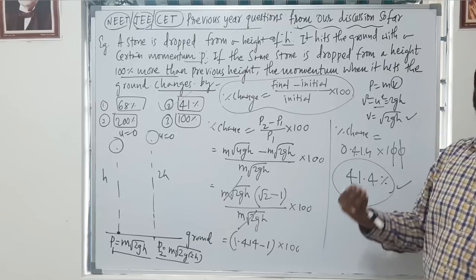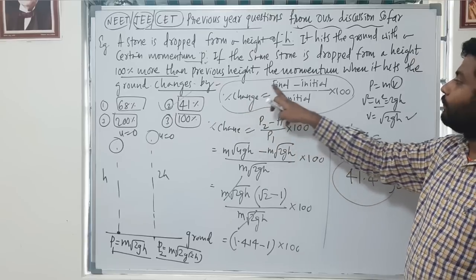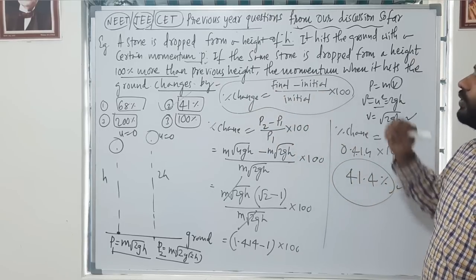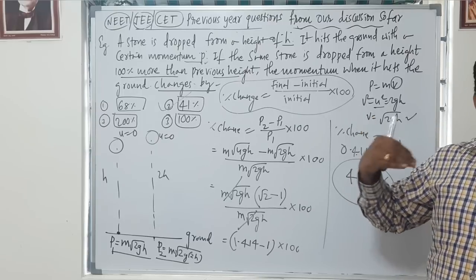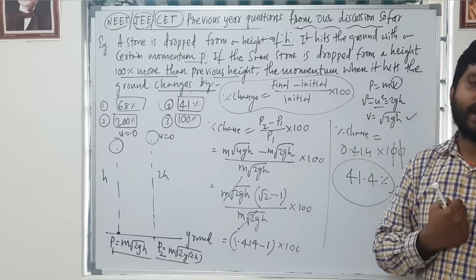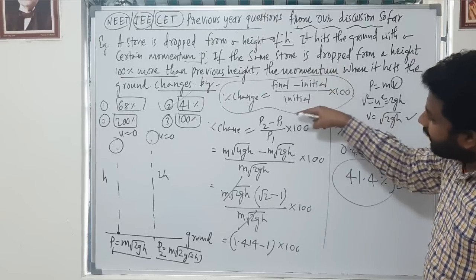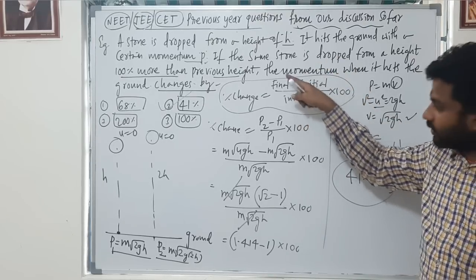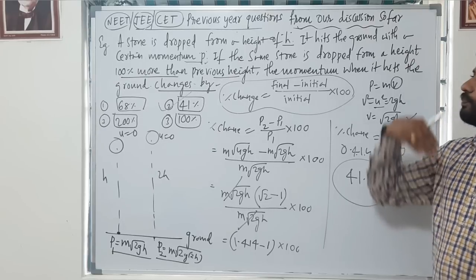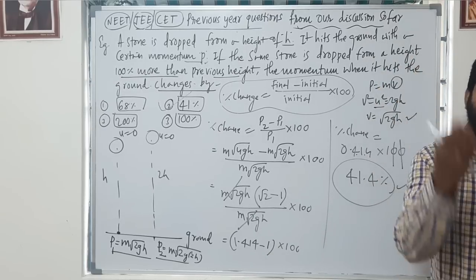To find the percentage change in the increased value: final value minus initial value by initial value into 100. These percentage changes in mathematics you might have discussed in the lower classes, maybe 7th or 8th standard, right? But still, I discussed the introduction, then the numerical. Okay, clear? So just practice all these questions and you will be getting your assignment soon today.